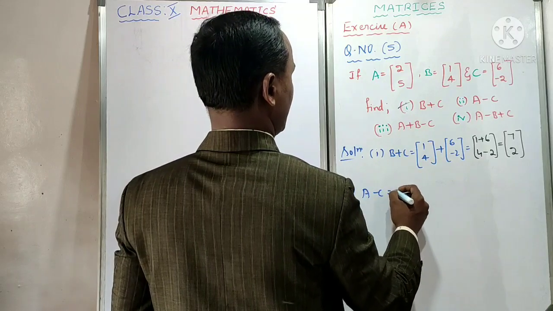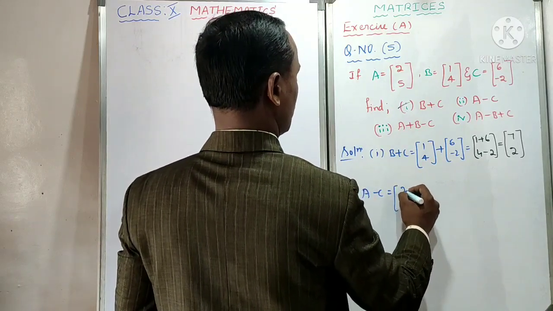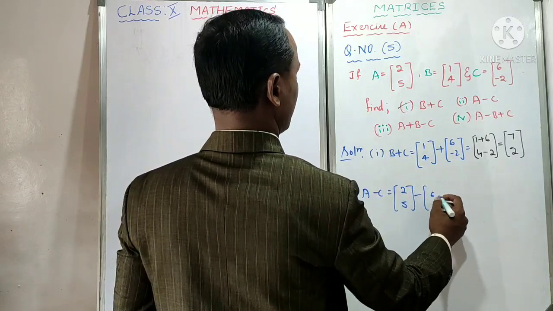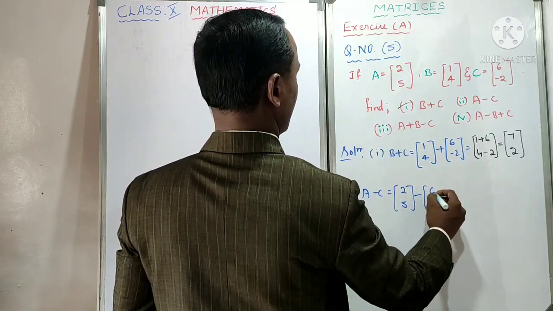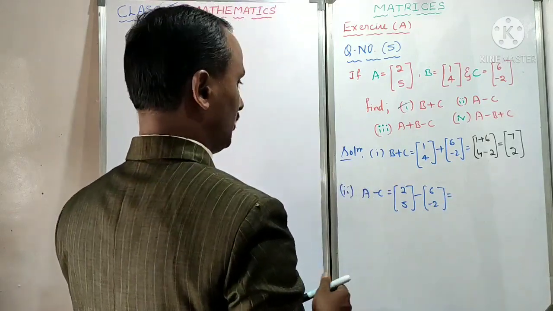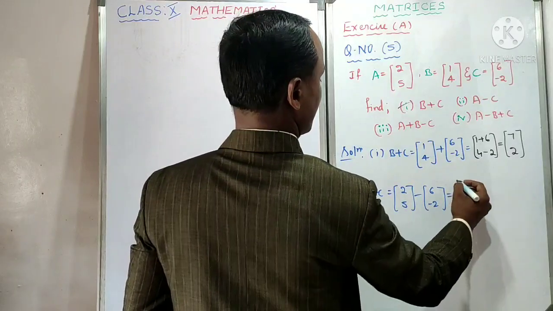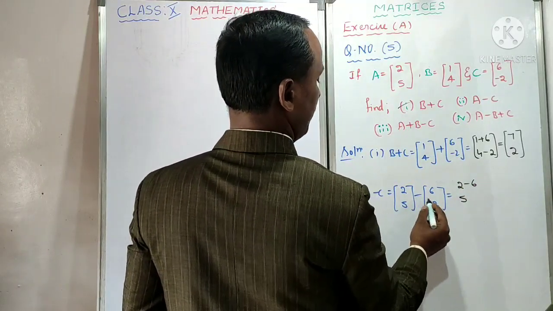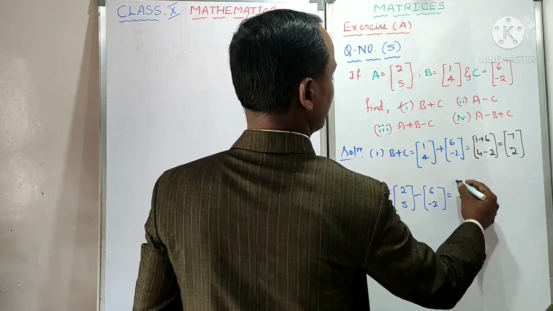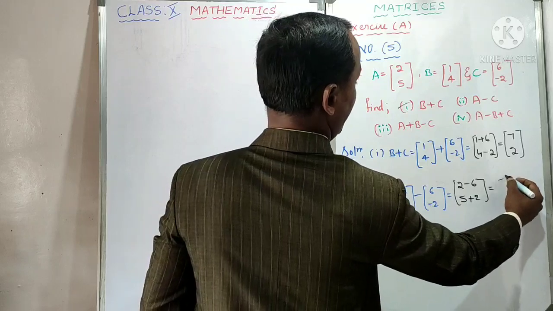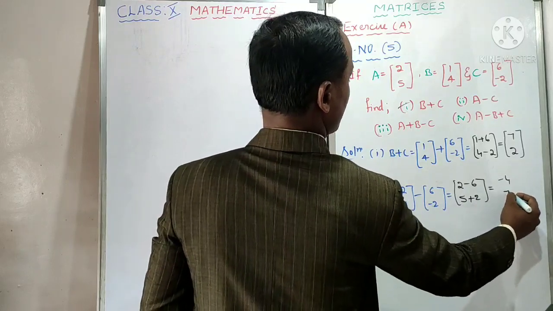A minus C is equal to matrix A: 2, 5, minus matrix C: 6, minus 2. What is it equal to? Next step? You know already. 2 minus 6, 5 minus into minus, plus 2. Okay, it is equal to: 2 minus 6 became minus 4, 5 plus 2 became 7.